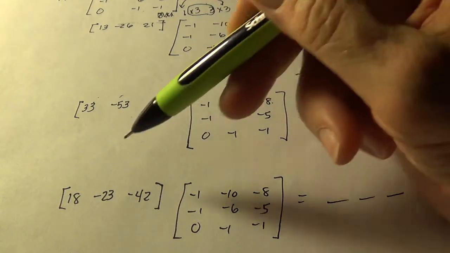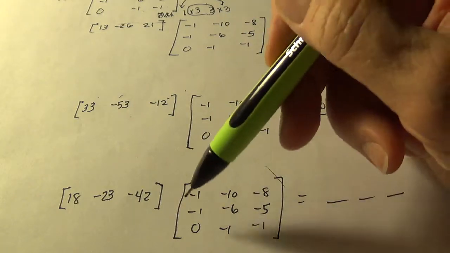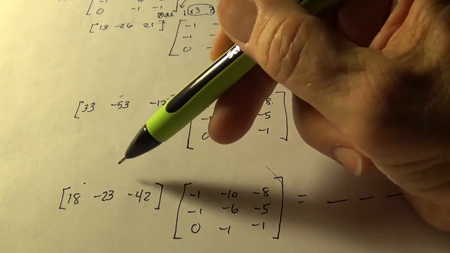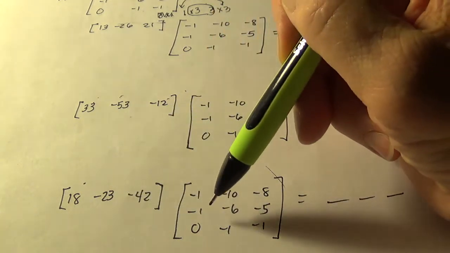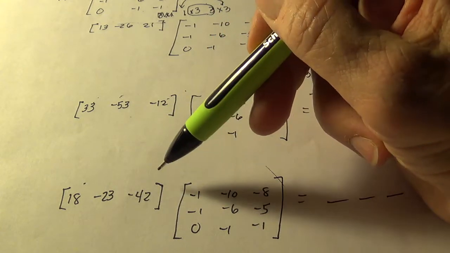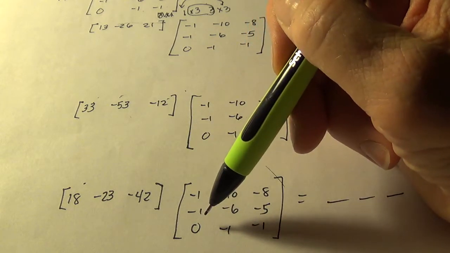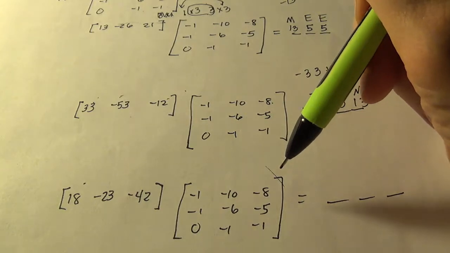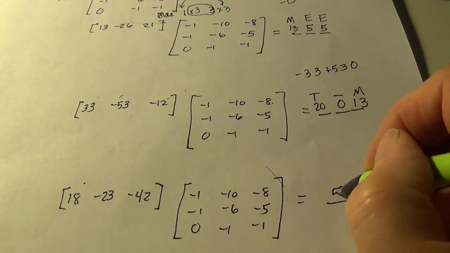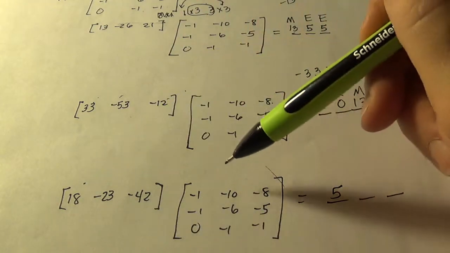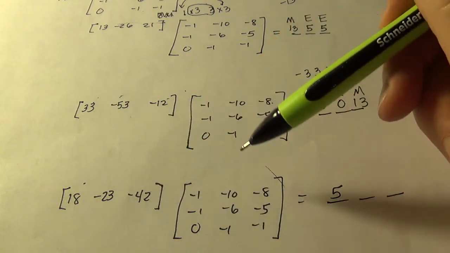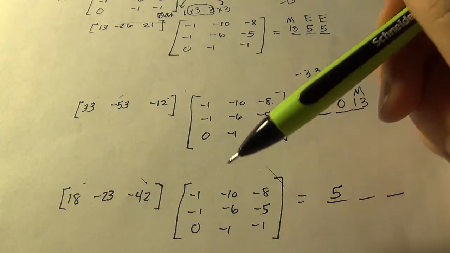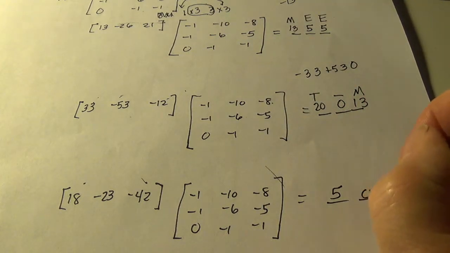So to get this one, I'm multiplying this matrix times this inverse matrix. 18 times -1 plus -23 times -1 plus -42 times 0. So when I did that, I got a 5. 18 times -10, -23 times -6, -42 times -1 gave me a 0.